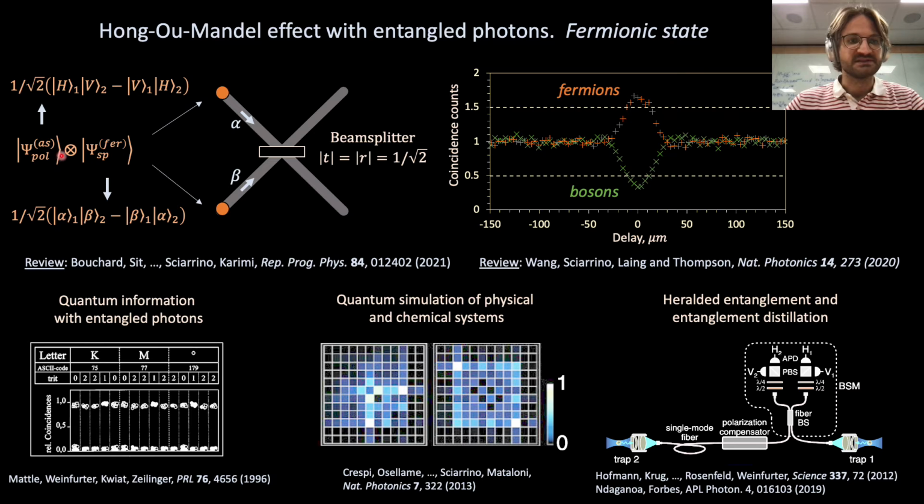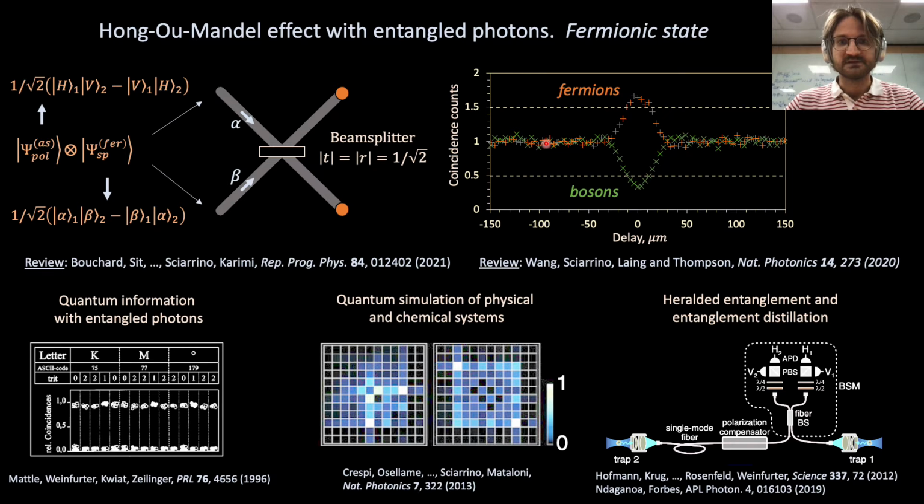And if the polarization state is antisymmetric, and one of the Bell states is antisymmetric, it should be accompanied by the antisymmetric spatial wave function. And this spatial wave function describes the fermionic type of particles. If we interfere these photons on a beam splitter, they will anti-coalesce, so they leave the beam splitter through different output ports.